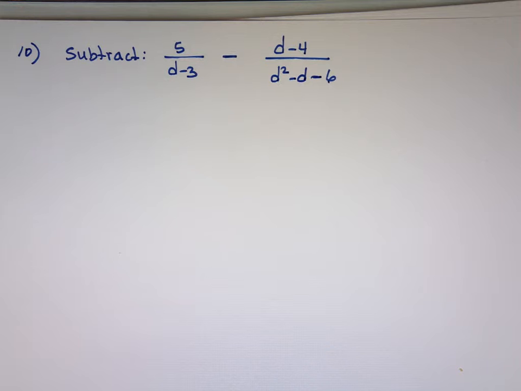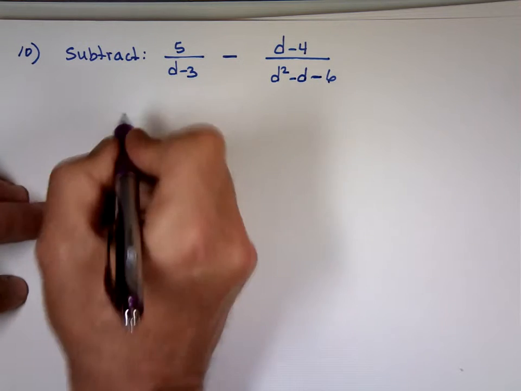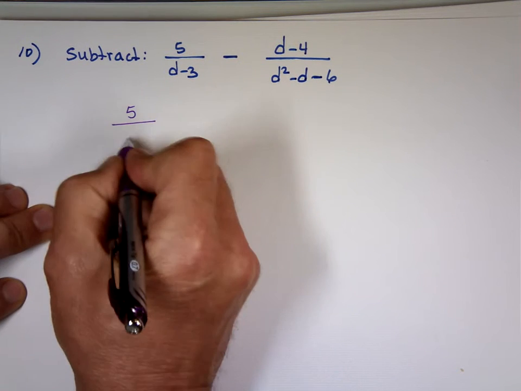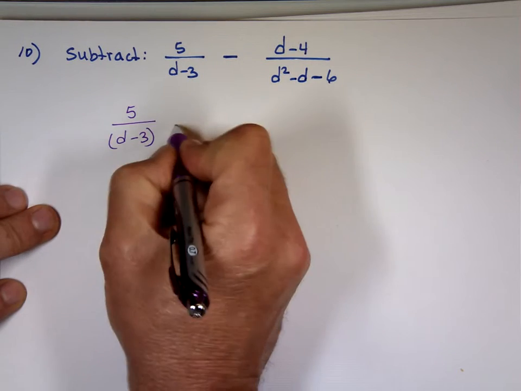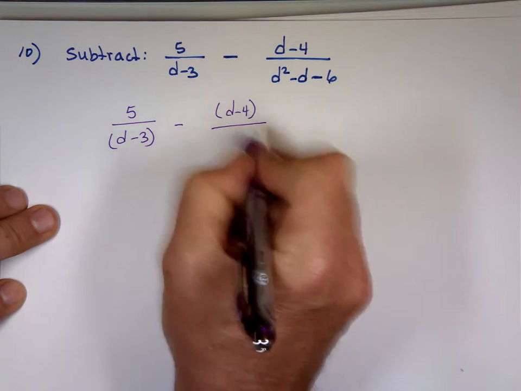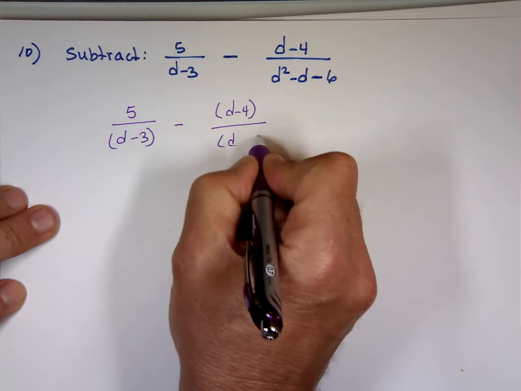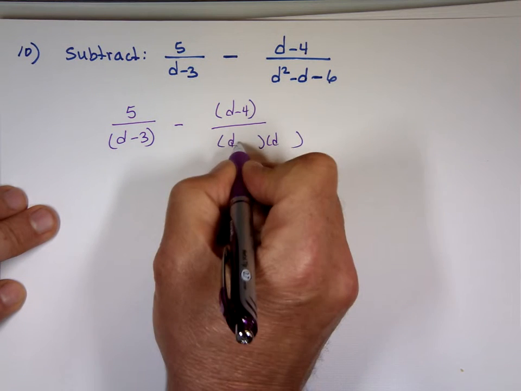Again, anytime you're adding or subtracting, you need a common denominator. 5 over d minus 3, you got to factor them. I can't really simplify this. D minus 4. If I factor this, that's d and d. This is a minus, that means one of them is positive, one is negative.